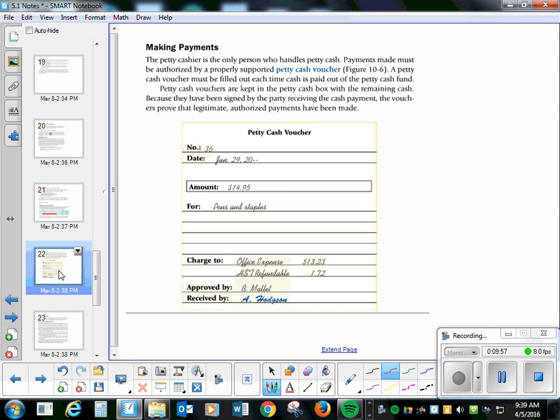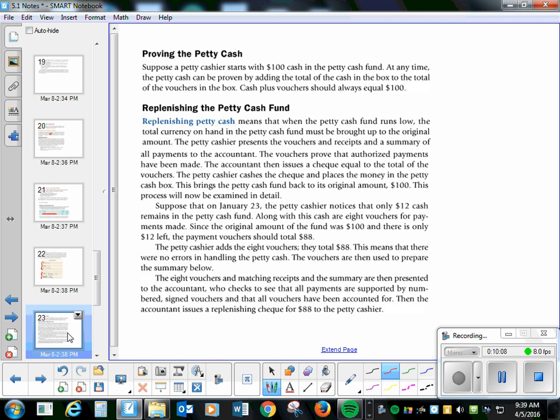So it's showing here the date, the amount, what it was for, and what account it's being charged to. Approving petty cash, they need to make sure they have all the supporting bills to show how they've used that money. Sometimes the petty cash fund will eventually run low, so you need to replenish it.